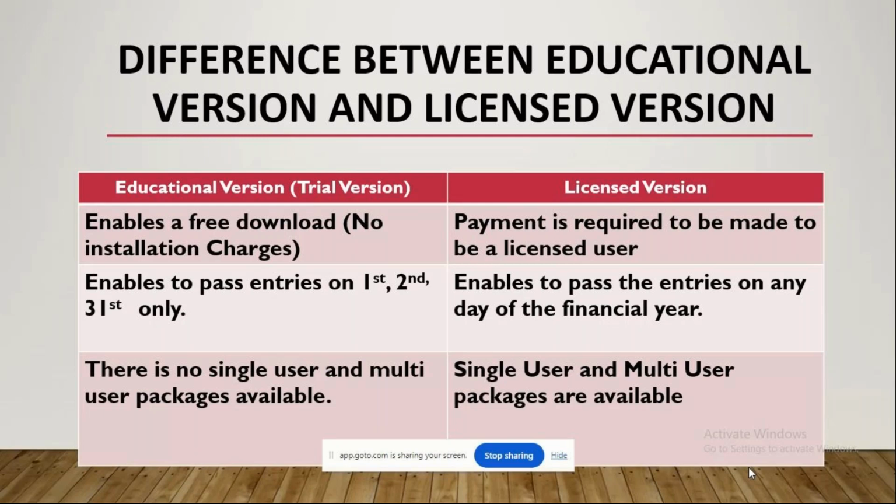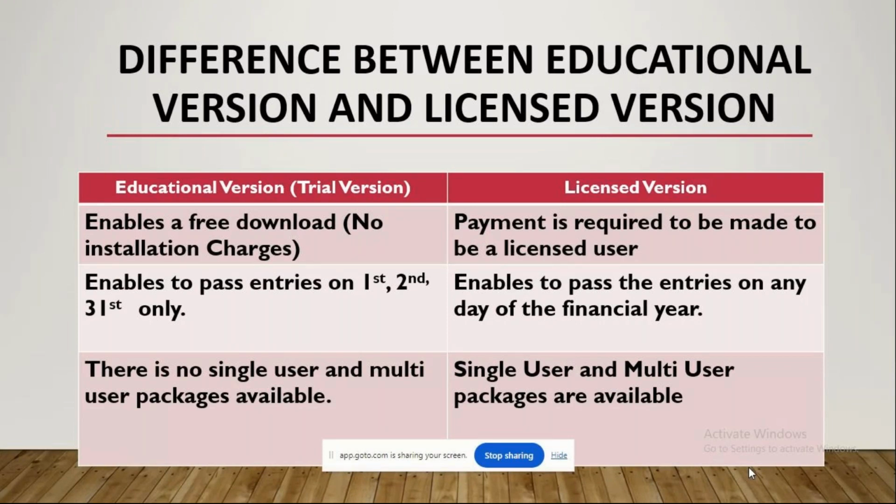Suppose I purchase the TallyPrime software, it could be the Silver edition or the Gold edition, either of them depending upon the requirement of my business or company. I have purchased the software, so I can access it in all dimensions, and I don't have any restrictions, neither date restrictions nor entry restrictions.